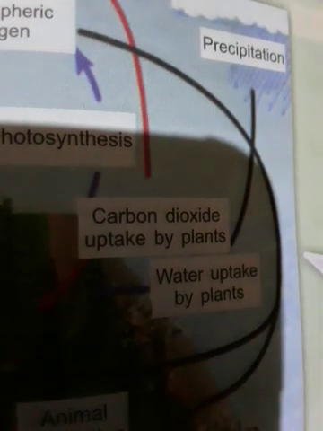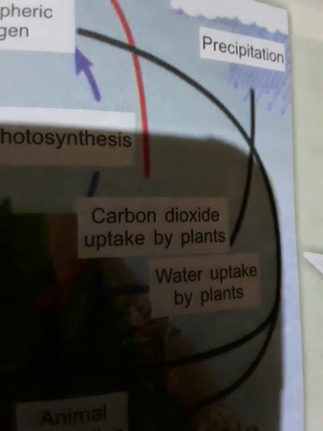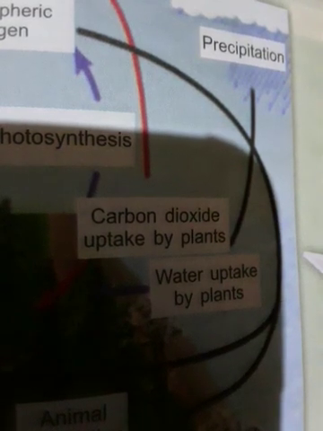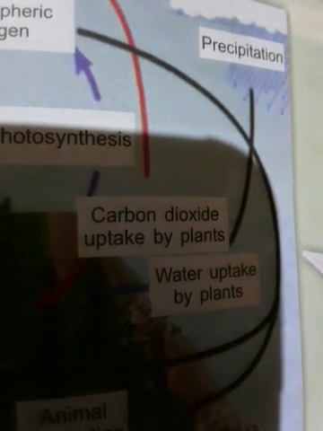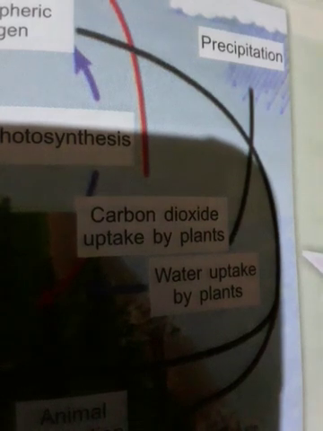These are called the biogeochemical cycles. Energy, nutrition and basic building blocks of life for all living beings are provided by this.